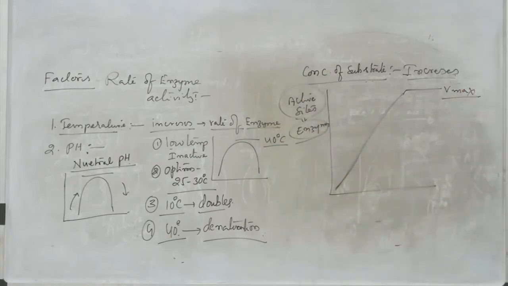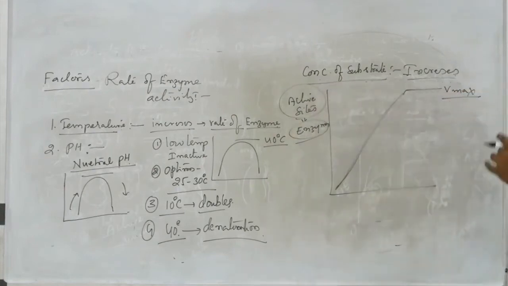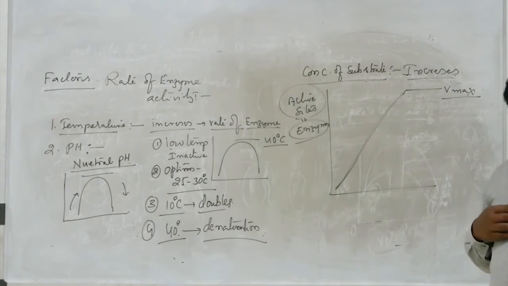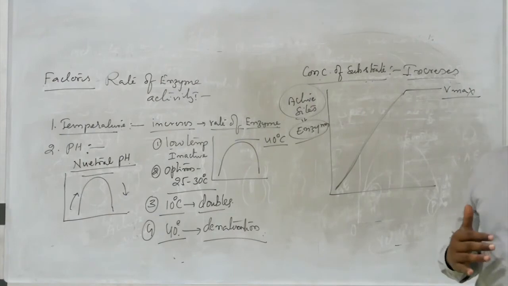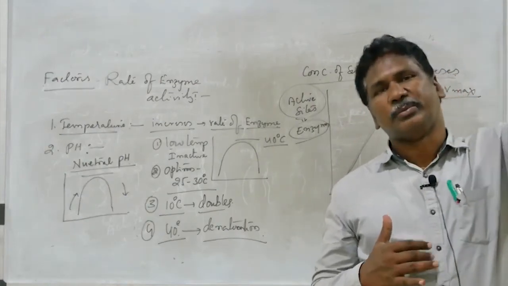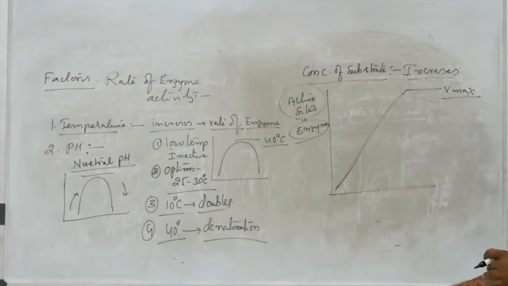So the velocity of the enzymatic activity depends on the concentration of the substrate. If the concentration of the substrate increases, the velocity of the enzymatic activity also increases up to a maximum level. That maximum level is called Vmax.